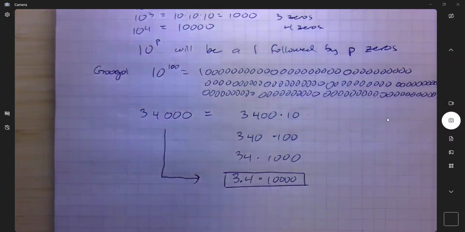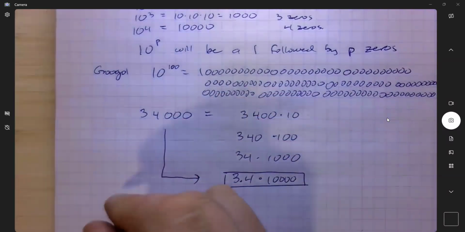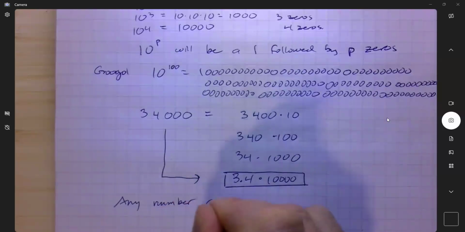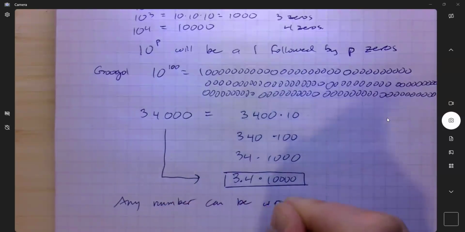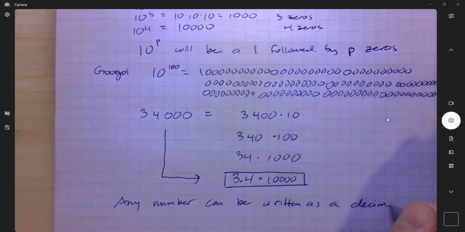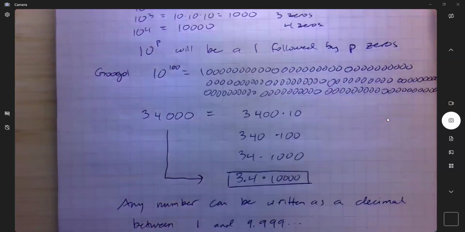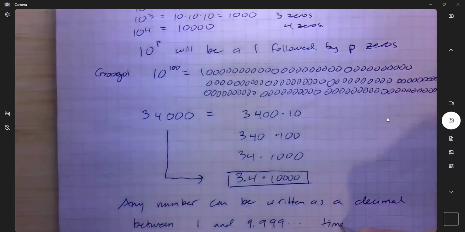We're going to say any number can be written as a decimal between 1 and 9.999 repeating times 10 to a power.